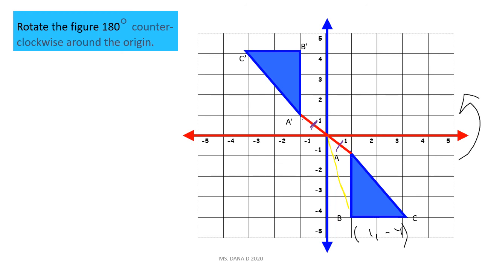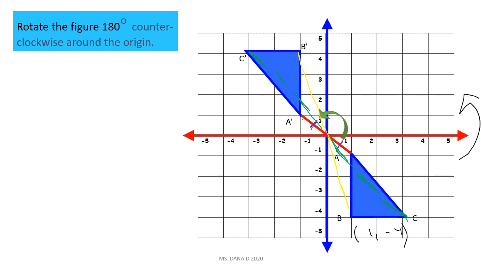So I have to complete it as a straight angle, and it will be B prime here. The same thing goes for C and C prime. So I'm going to join them, and this is C to C prime.